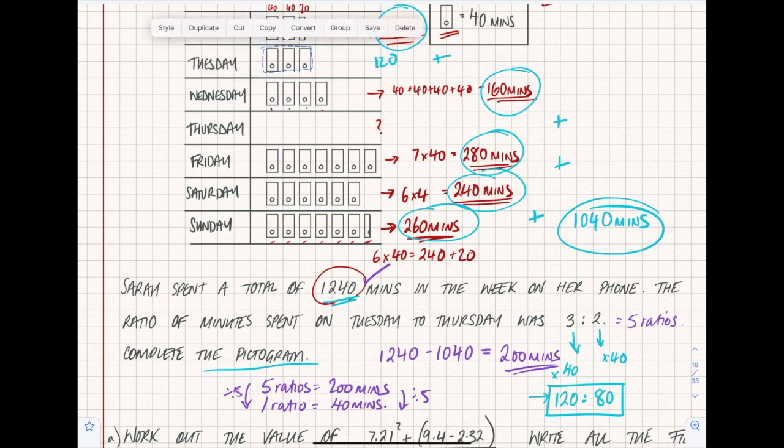So there's my 3 phones for that Tuesday, because that represents 120 minutes, and I've got 80 minutes for the Thursday, which means I then need 2 phones. So I'd cross out that last one, and that represents my 80 minutes. Okay, so that's an example of a pictogram question. Use the information you've got, work out what you can, and go from there.